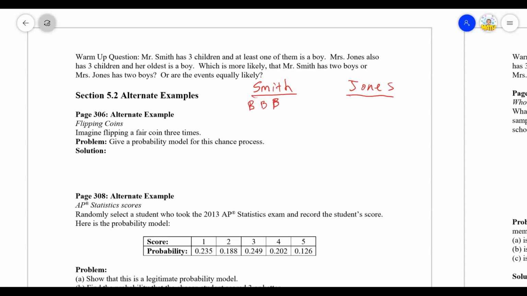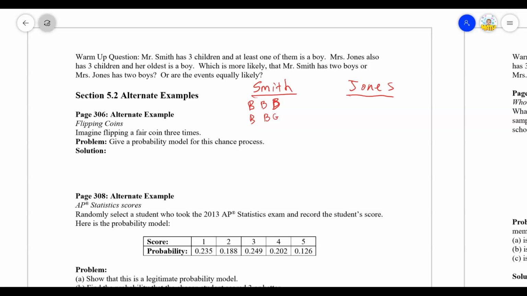And just for the sake of argument here, let's pretend I'm putting them in youngest to oldest. So the oldest one is the third one there, right? We know that at least one of his children is a boy, so the only situation that Mr. Smith can't possibly have is 3 girls. So he could have 2 boys and then the oldest be a girl.